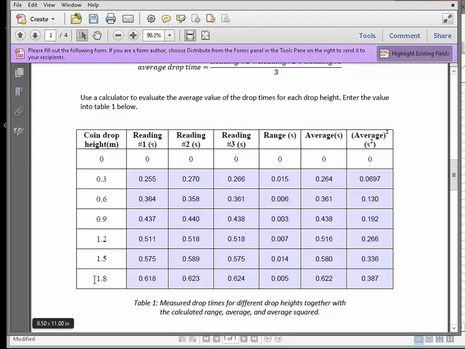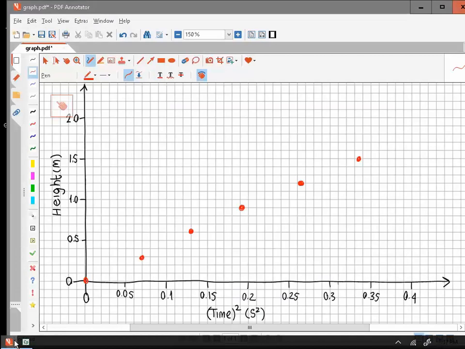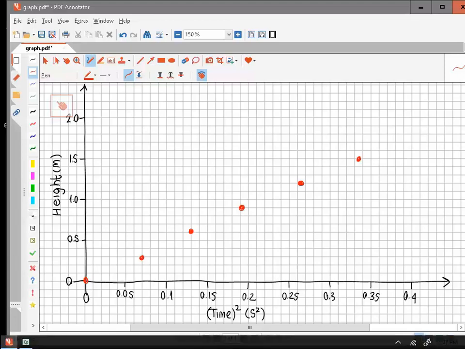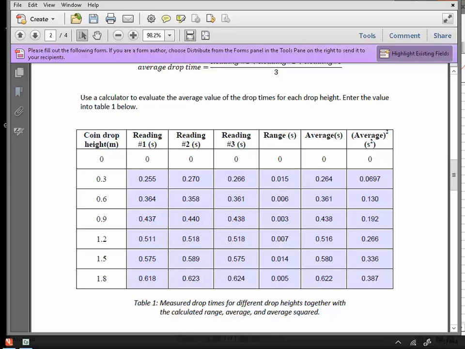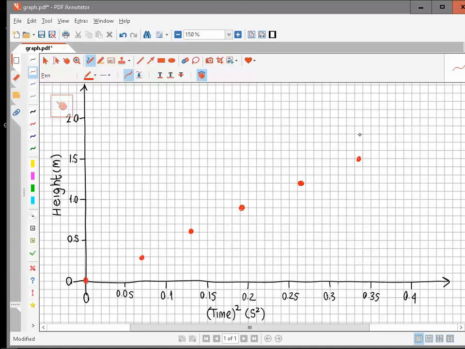And our last data point is 1.8 on the y-axis and 0.387 on the x. 1.8 is here, and I've forgotten that number. It's 0.387. There's 0.35, 0.36, 0.37, 0.38, so 0.387 is about there.